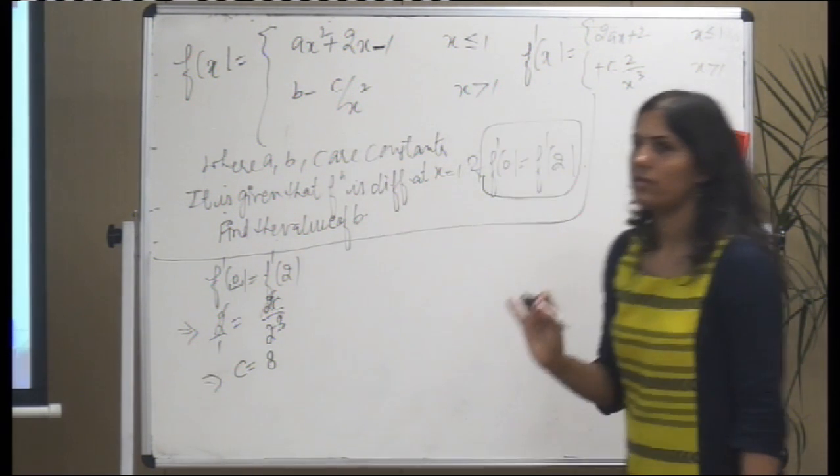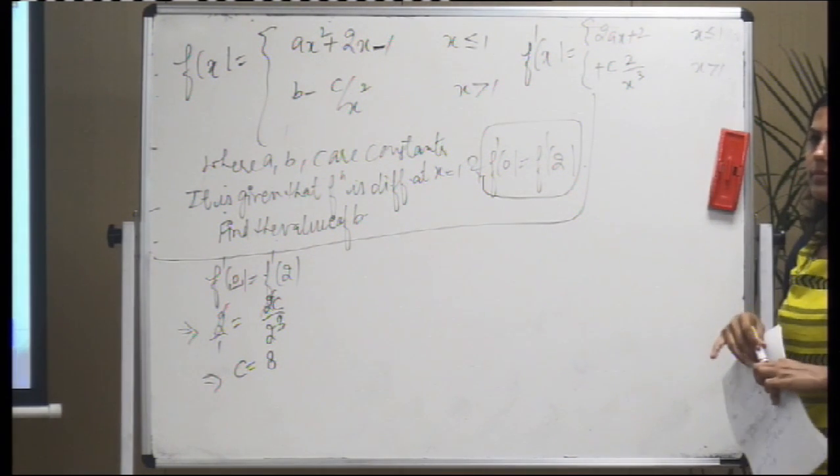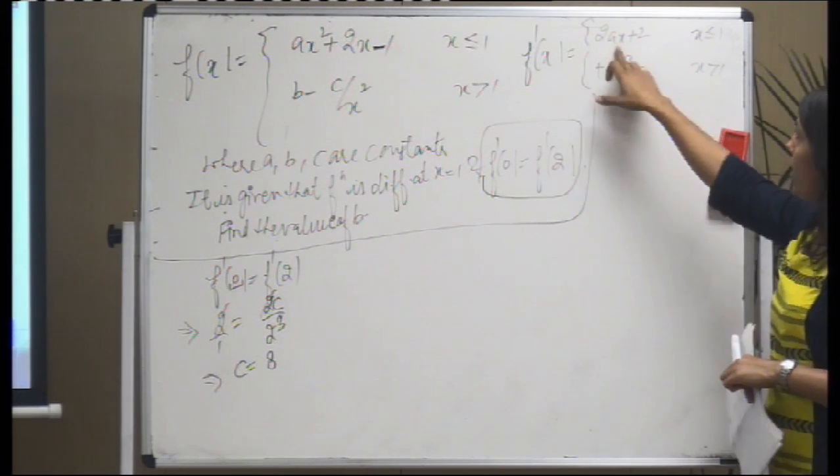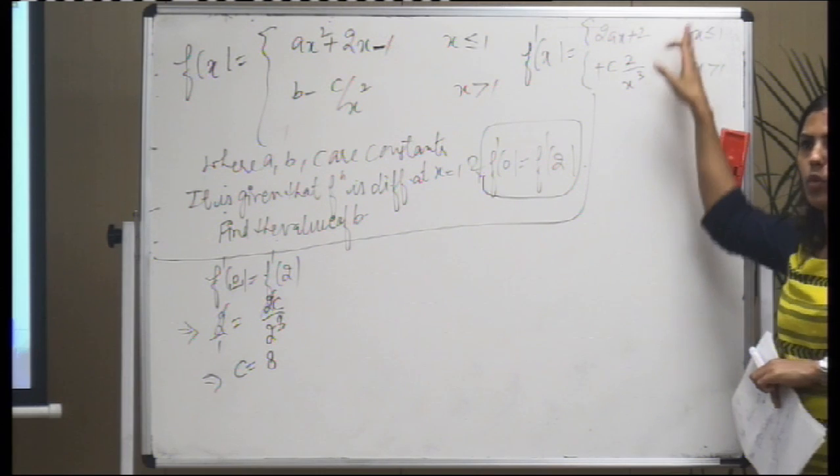I don't want this value basically. The derivative is 2ax + 2 and then c into 2 by x³, and the points I have also written.